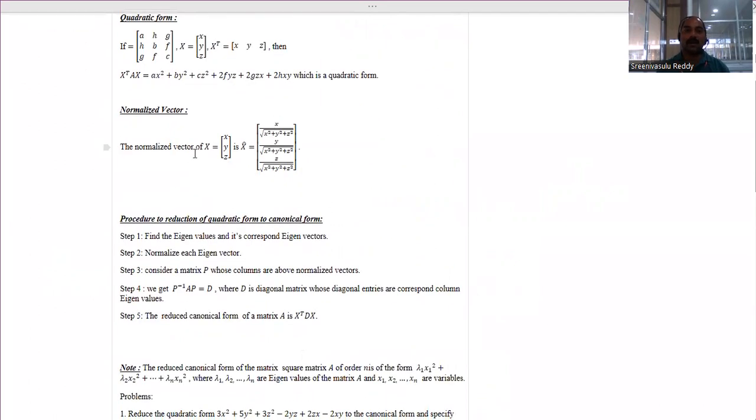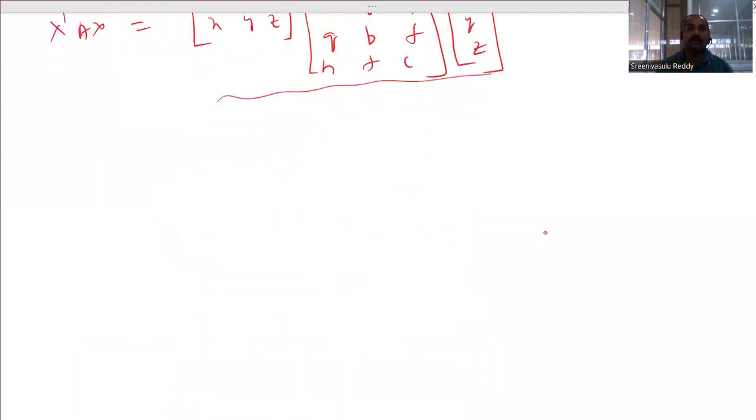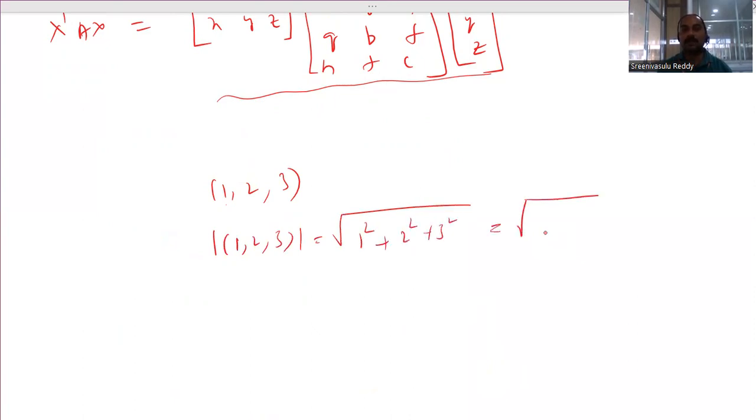Normal vector means a vector divided by its magnitude, a unit vector. For example, take 1, 2, 3. This is a vector with x value, y value, z value, either column wise or row wise. Take its modulus: the modulus of the vector is the square root of 1 square plus 2 square plus 3 square, which is 1 plus 4 plus 9, that is 14.